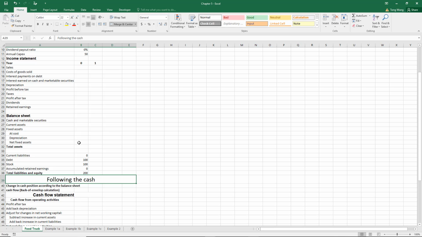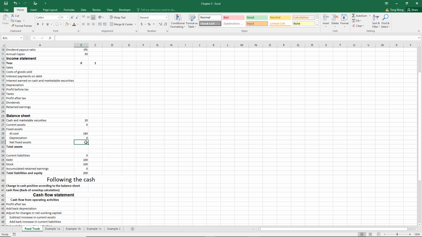And on the left hand side of your balance sheet, you would have cash, which we assume is $20,000. And the current asset, let's assume, because your company is not running yet, at the beginning the current asset is equal to 0. Fixed asset, this is your equipment, your truck. At cost means you have spent $180,000 on those assets. No depreciation yet.